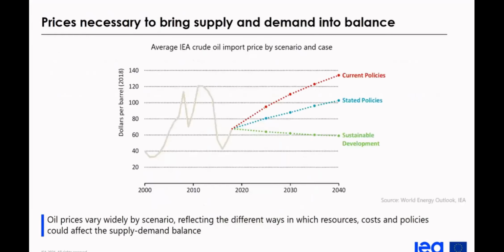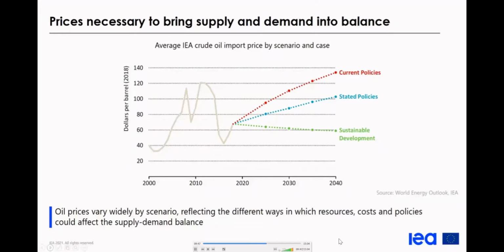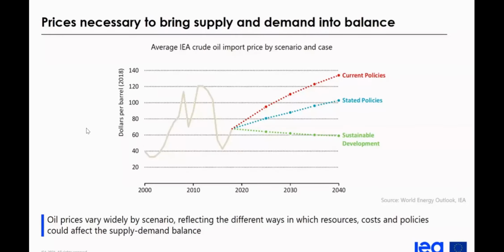So, for example, if we look at different projections of the price of crude oil, we see that under the current policy or stated policy scenario, there is an increase in the price of an oil barrel. And the main idea is that under the scenario, demand for oil is expected to grow, so the resources to be developed will be more and more costly.